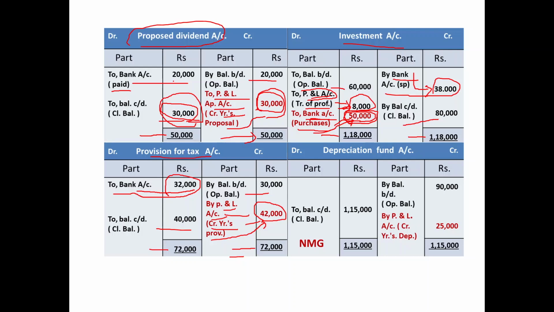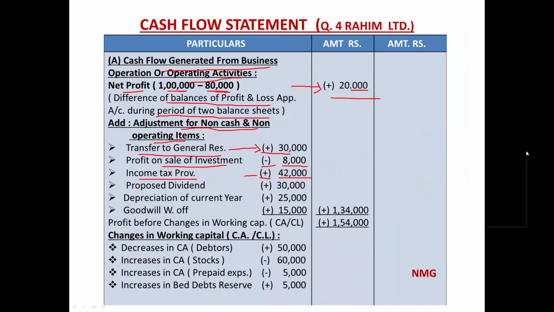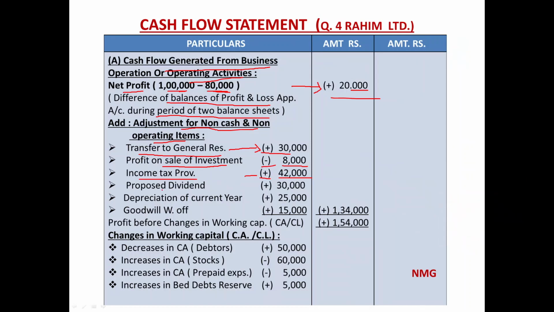Cash flow impact. On the debit side, the title came bank, which indicates cash outflow under financing activities. On the credit side, the title came profit and loss. It's a non-cash item, it's a non-operating item. So under the first title we will add it back. Let us do it. Under the first title, add back the current year's proposed dividend, plus 30,000.